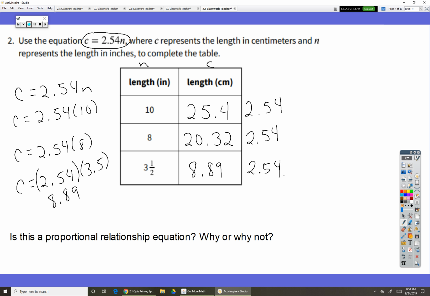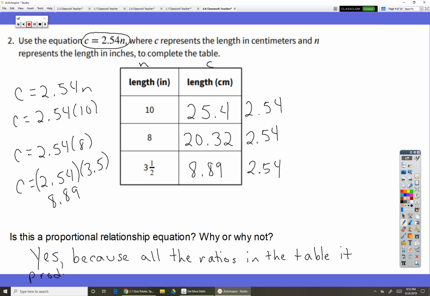So we would say that yes, that equation must be a proportional relationship equation, because all the ratios in the table it produced are equivalent.